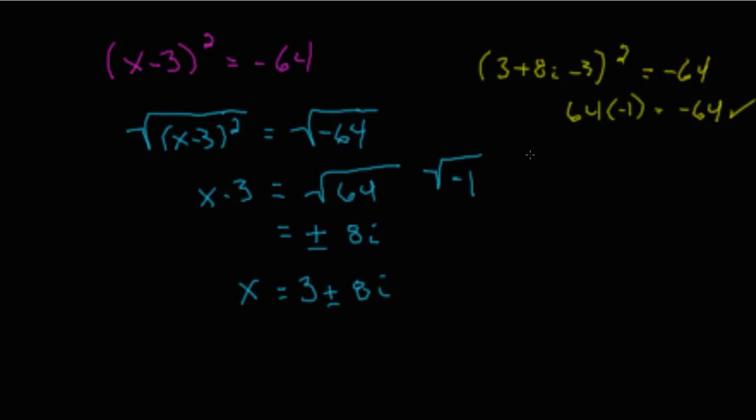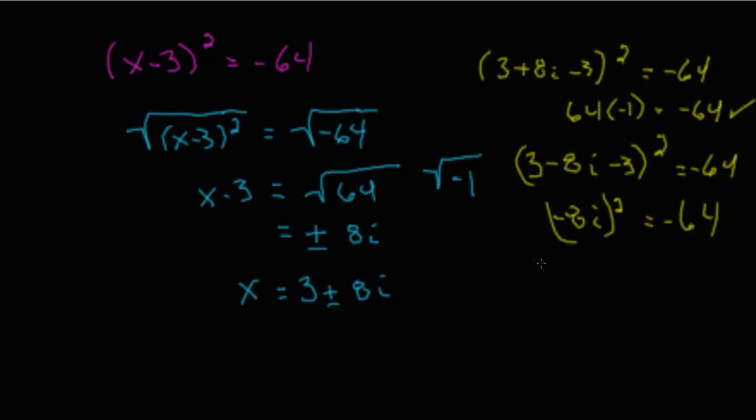If it's 3 minus 8i minus 3 squared equals a negative 64, well, 3 minus 3 is still 0, so you've got negative 8i squared equals a negative 64.